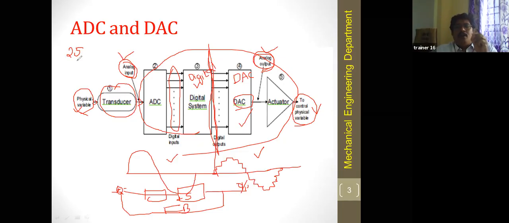If it varies, this 25 centimeter distance also varies, and the piston movement varies. So for this, we can get the analog output correctly, that is, the air compressor pressure. It will automatically be set, and then the compressed air is sent to the cylinder, and the piston moves in the forward direction. So this should happen correctly.